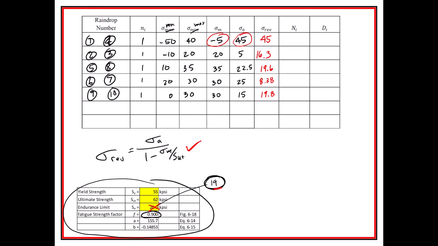In order to do that, we need to find this A and B, right? Which I've shown right here, which actually now change to new values because they are based on the endurance strength. So the A is now going to be 163.9, and the B is now negative 0.1560 right there.